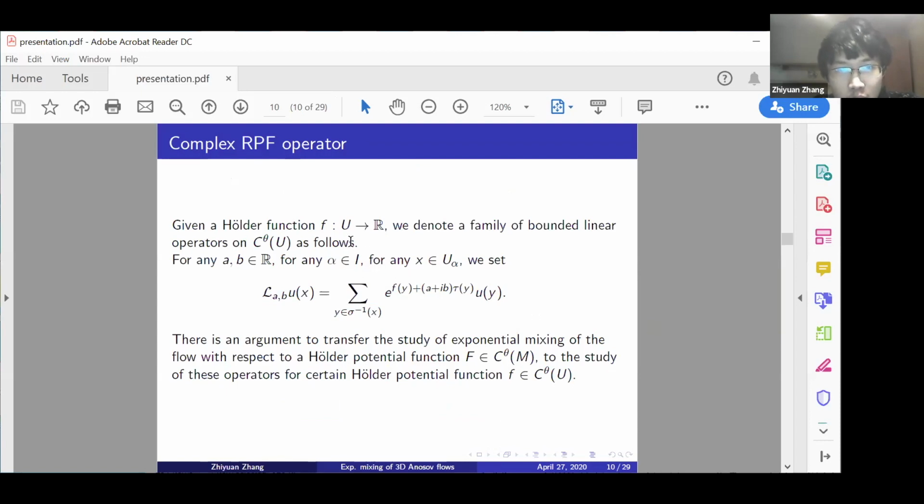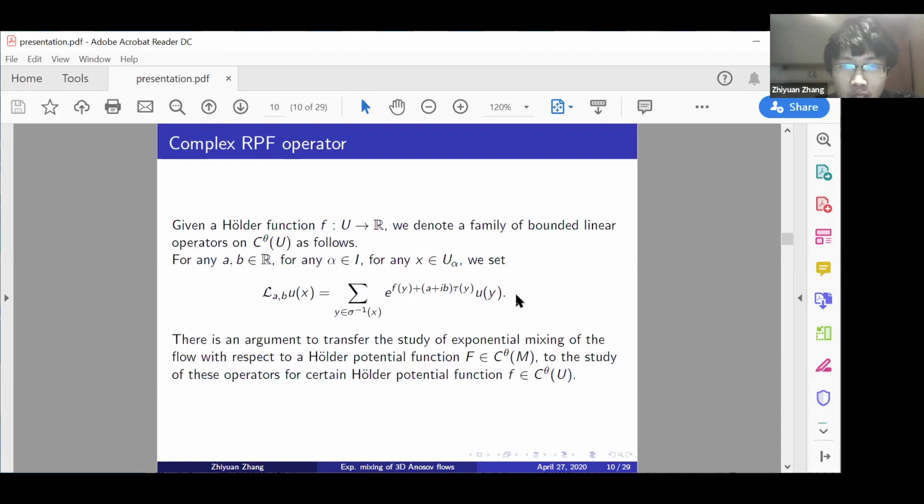Maybe we say a little bit about this F. Given a capital F, the potential on the whole space, we construct, or rather this is not constructed by us, this is already studied by Ruelle, a function, this little f on U. And the problem for the Anosov flow reduces to the study of this new potential.